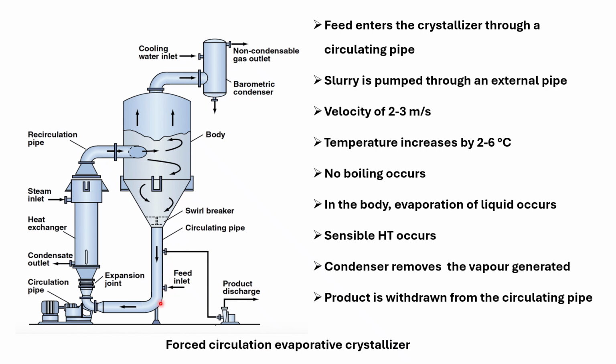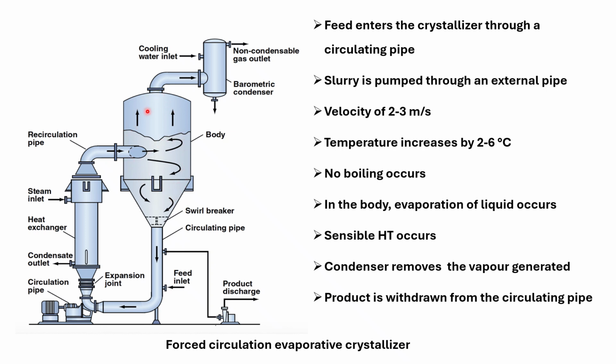Here the feed enters through the circulating pipe, and through the pump the feed is fed into the heat exchanger. In the heat exchanger, the temperature of the slurry is increased by 2 to 6 degrees Celsius. There is no boiling, only sensible heat transfer, and from here the solution is forced into the main body of the crystallizer.